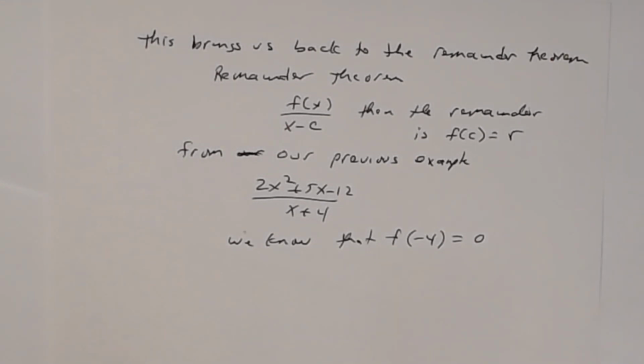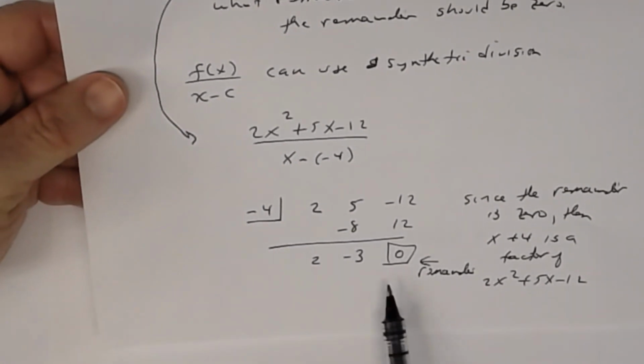All right, now let's continue our discussion. We know that when 2x squared plus 5x minus 12 is being divided by x plus 4, and notice this is that form x minus c, our coefficient of x is 1, we see that f of negative 4 is equal to 0. When we did this work, we got a remainder of 0.